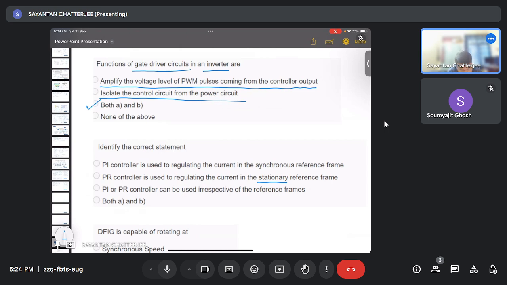Both A and B. So one of the statements is correct. One is synchronous reference frame, another is stationary reference frame.